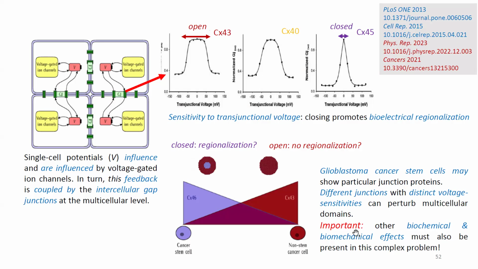Note that in this case it is very complex, far more complex than our analysis, and clearly other biochemical and biomechanical effects must also be present in this process. But the fact is that the voltage sensitivity of the junction seems to play some role, as explained in this previous article by other authors.